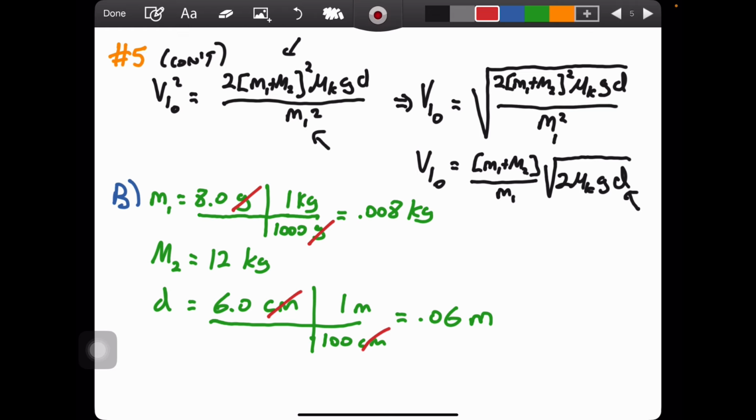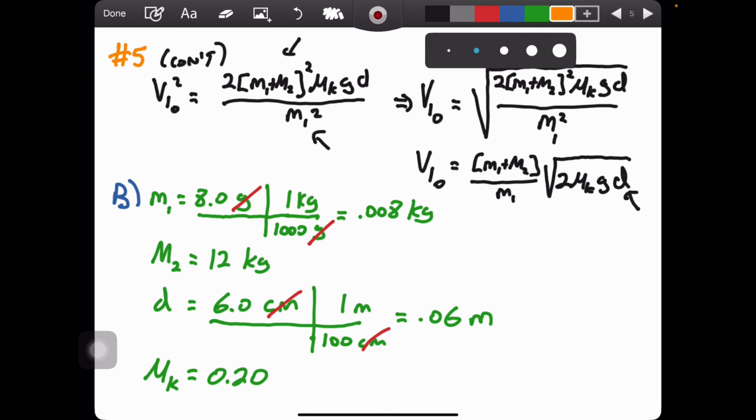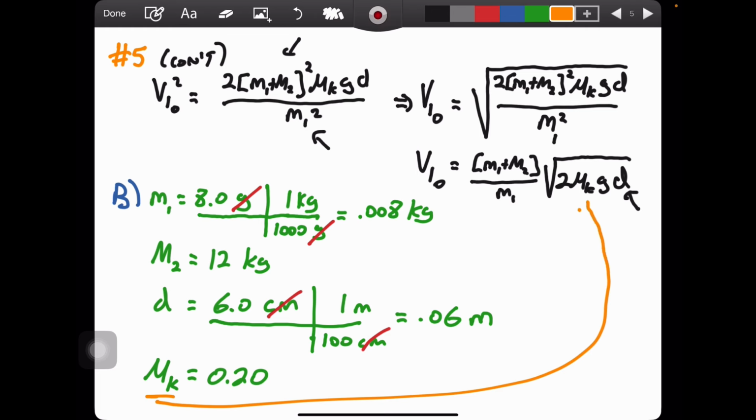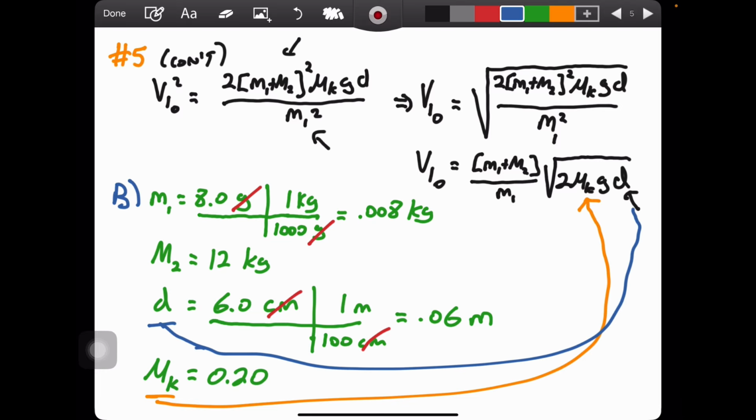Finally, I am told that the coefficient of kinetic friction is equal to 0.20. So this is going to be enough to solve, because check this out. Mu k goes right there. D goes right here.